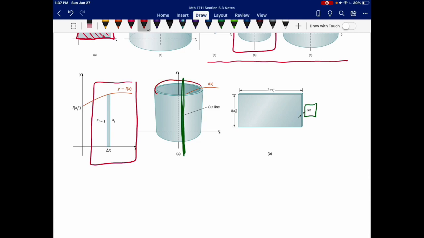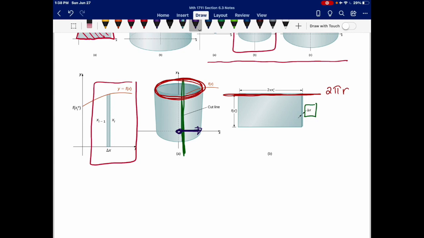Now, if you imagine how we're going to find the volume of that rectangular prism, if you look at the top of that cylindrical shell, when we unwrap it, that's this part right here. Now, the top of that cylindrical shell is a circle. It's the circumference of a circle. And the circumference of a circle, that formula is 2 pi r.